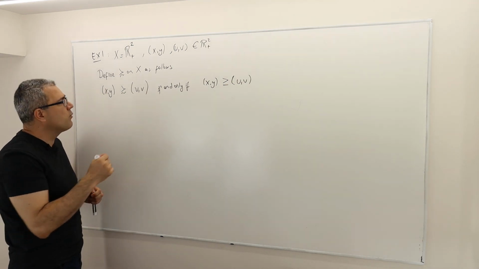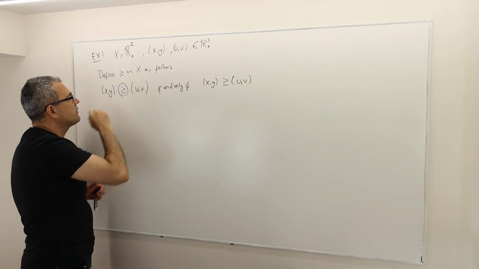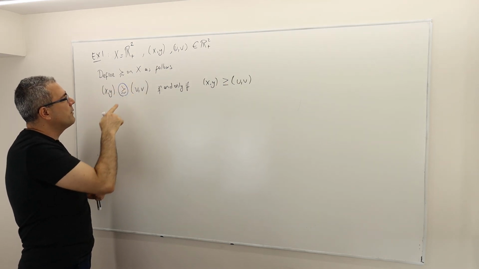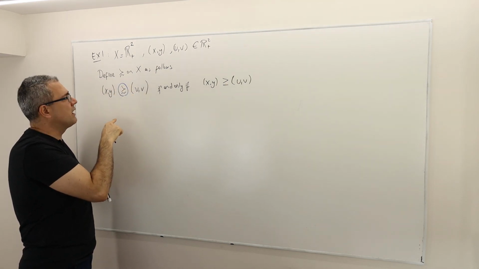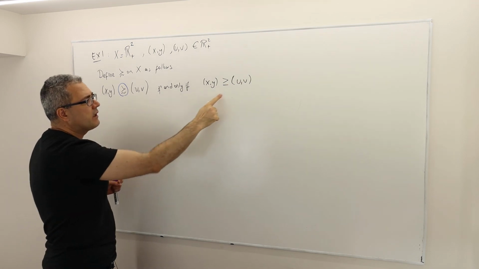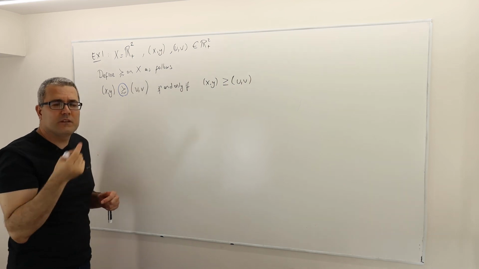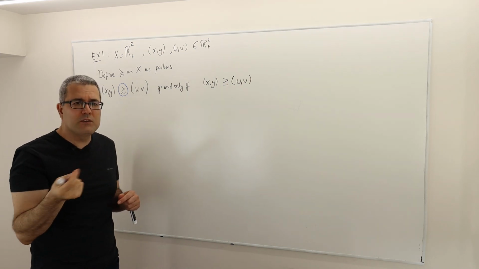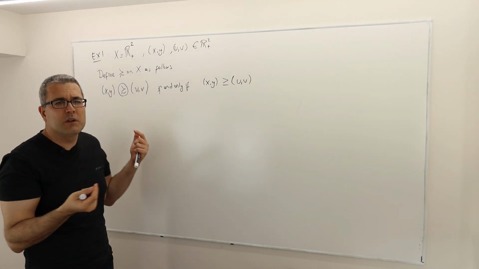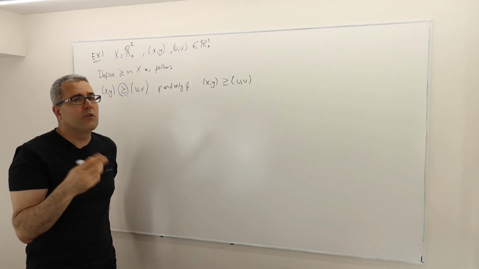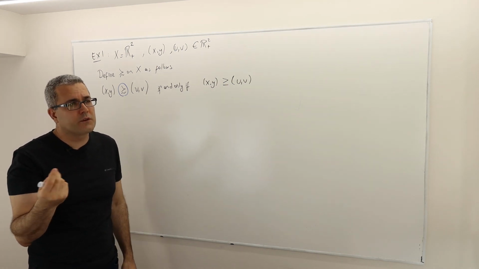Here, however, I want you to be careful about the notation. This is the "at least as good as" sign. It looks like greater than or equal to, but it's not. The reason is that different typing software have different symbols. If you use LaTeX, I don't know what it looks like in Word, for example.